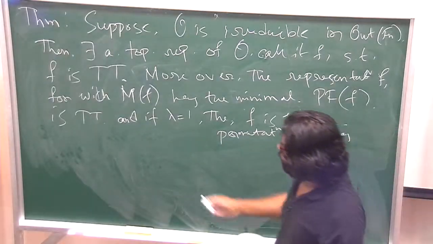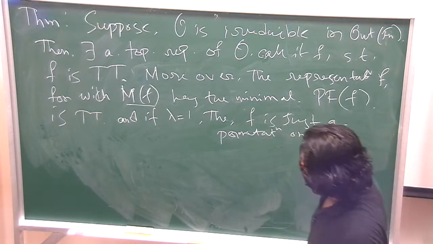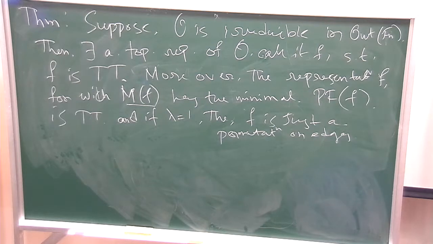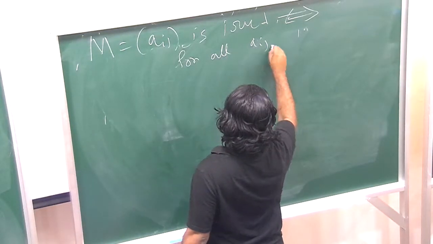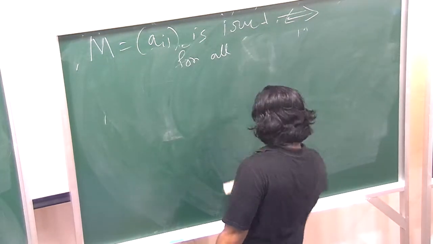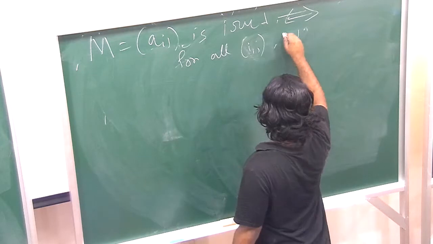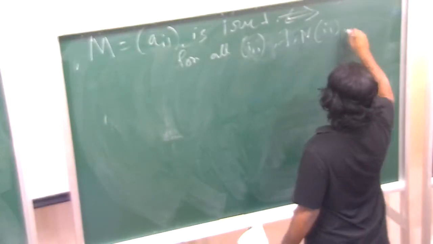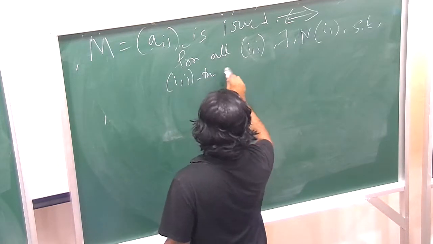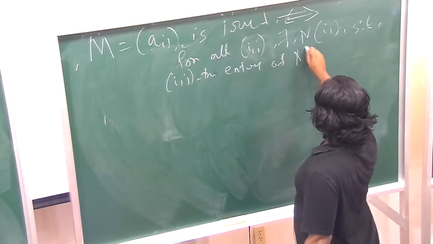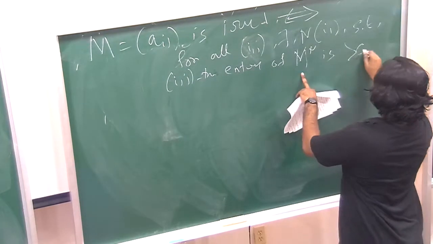Okay, so what is an irreducible matrix? Suppose I have a matrix M equal to (a_ij). It is irreducible if and only if for every ordered pair i and j, there exists some natural number such that the ij-th entry of M to that number is greater than 0.